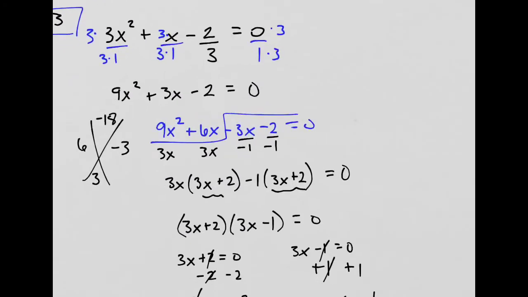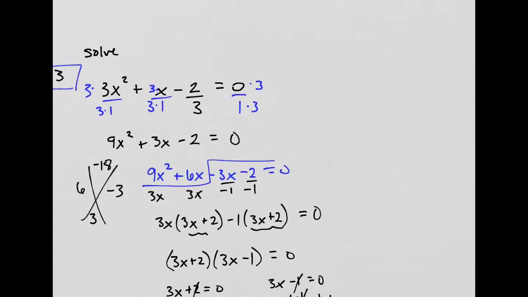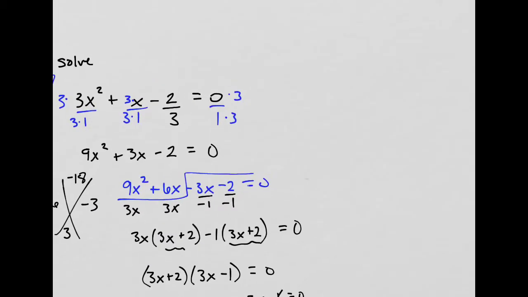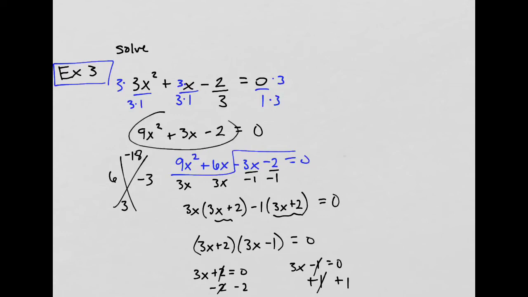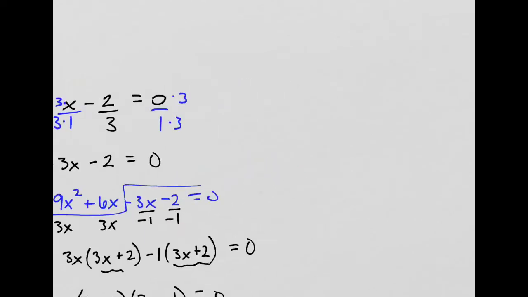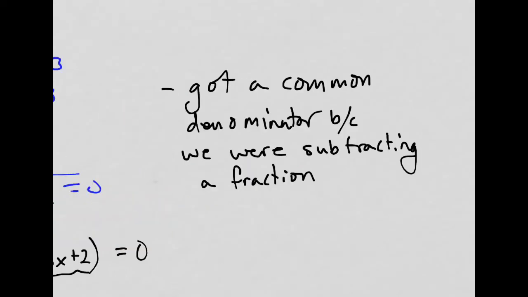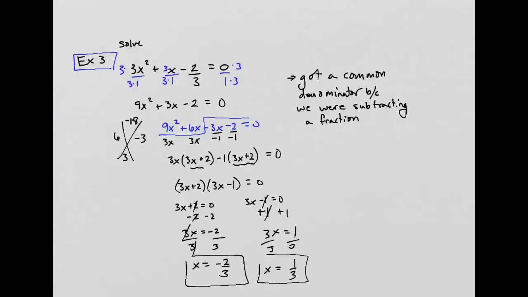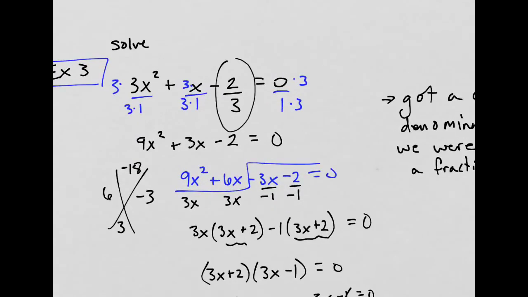What are the reasonings? Okay, so we got a common denominator because we were adding or subtracting fractions. Then we had a trinomial, so we could do big X. So that's one of my reasonings. We got a common denominator because we were subtracting a fraction. That was that minus 2/3 there.